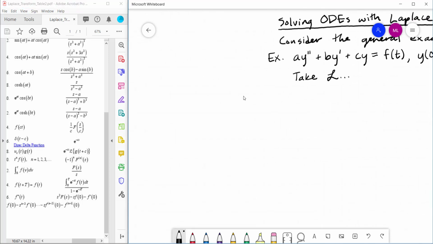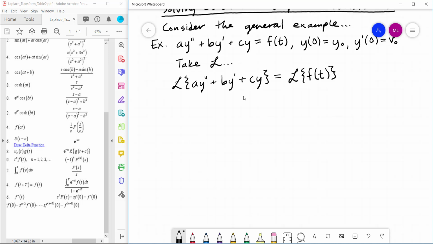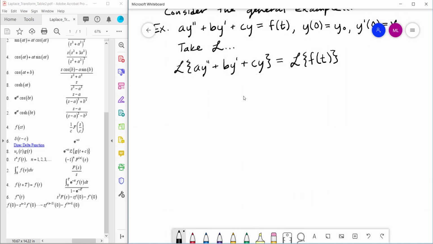So basically, when we do the Laplace transform of ay double prime plus by prime plus cy on the left, which has to be equal to the Laplace transform of our f of t, whatever that happens to look like, due to the properties of linearity, I'll be able to factor out any constants from the Laplace transform, and I'll be able to split up this Laplace transform of a sum into a sum of Laplace transforms.